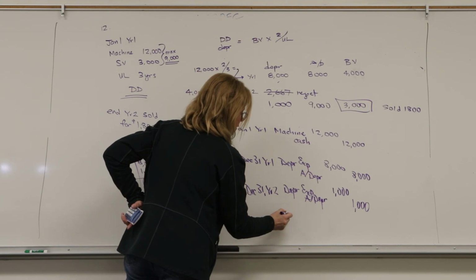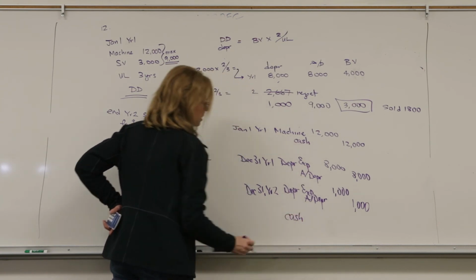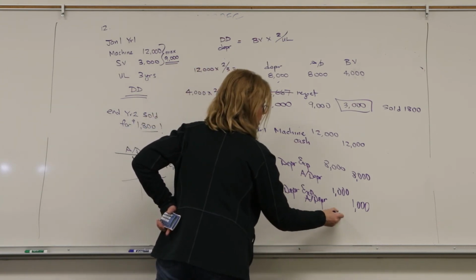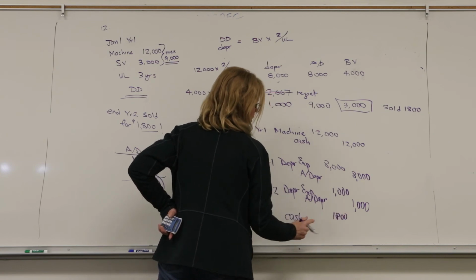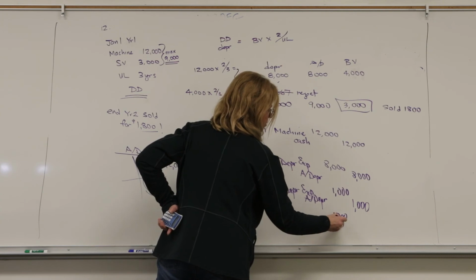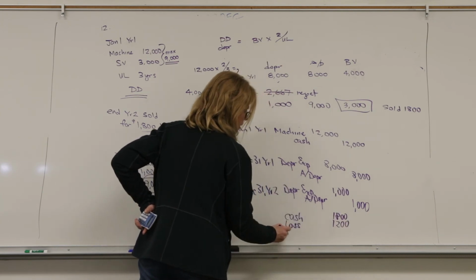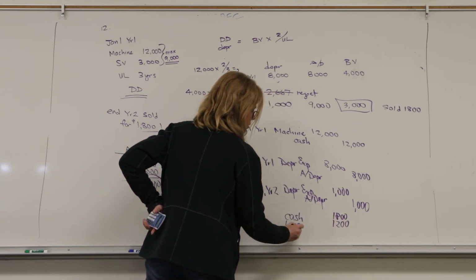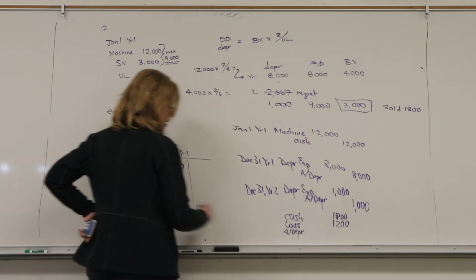So I'm going to debit cash for the sale, $1,800. I'm going to debit loss, $1,200. I'm going to debit accumulated depreciation, the $9,000.